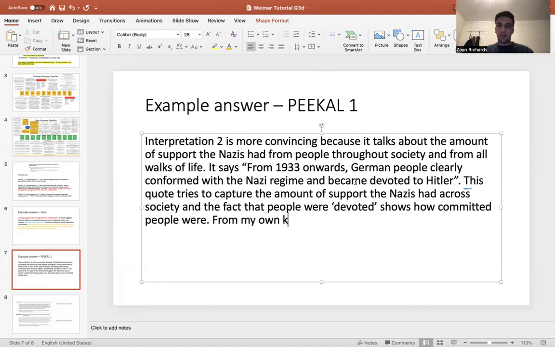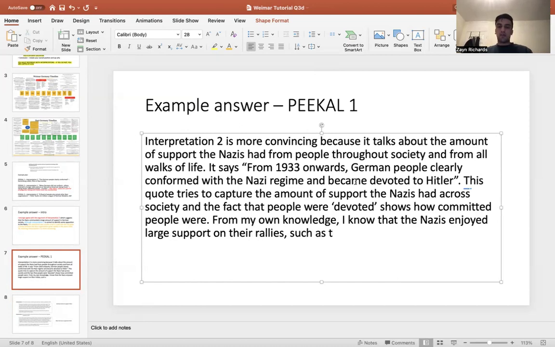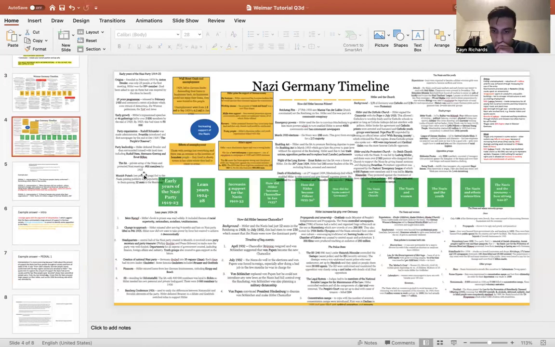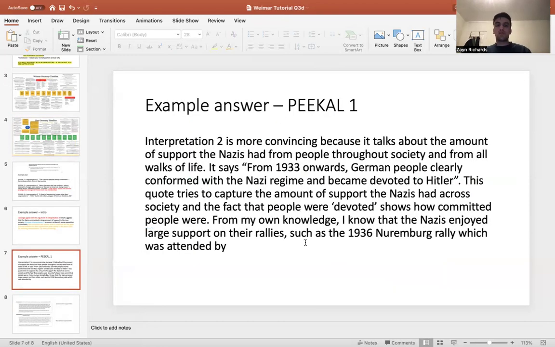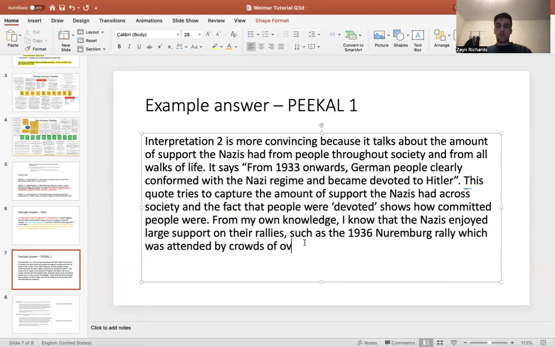From my own knowledge, and again, I'm using the same knowledge that I use for question 3A here. So I know that the Nazis enjoyed large support on their rallies, such as the 1936 Nuremberg rally, which was attended by crowds of over 200,000 people.